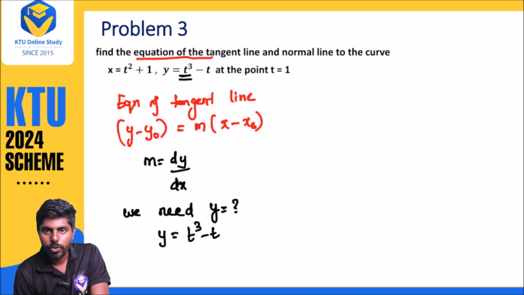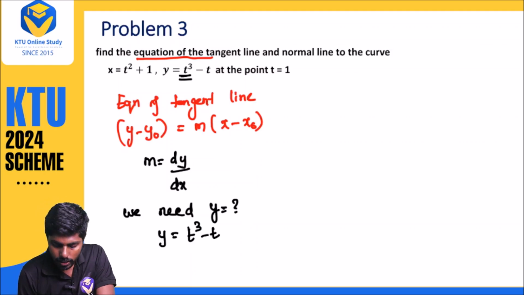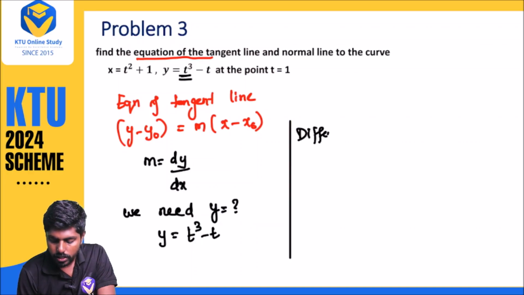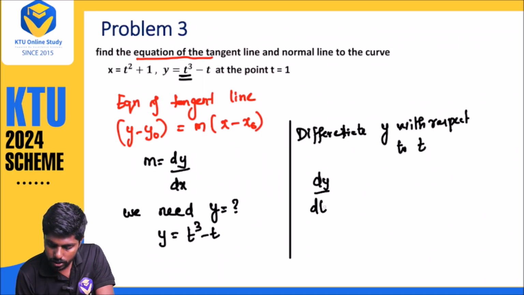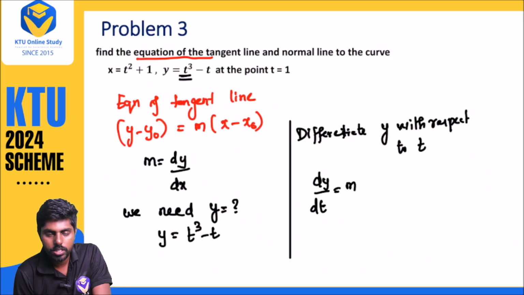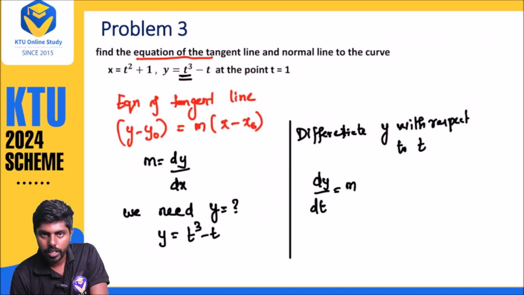That means we want to differentiate y with respect to t, that is dy by dt. This is also nothing but m, the slope, that is the rate of change. So that is dy by dt.